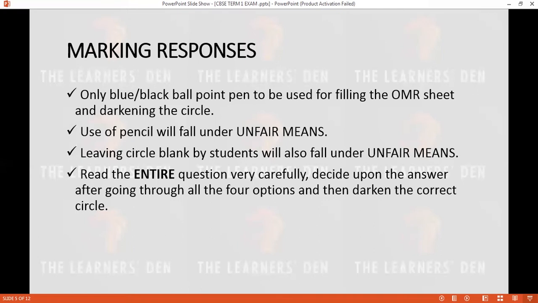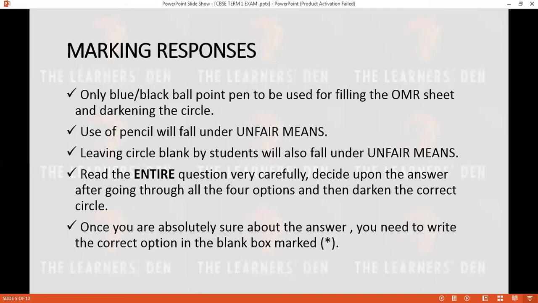And only then, when you have read the question, understood it carefully, only then you are supposed to darken the correct circle in the OMR sheet. Once you are absolutely sure about the answer, you need to write the correct option in the blank box, which is marked with a star mark. You will get to see it in the further slides.